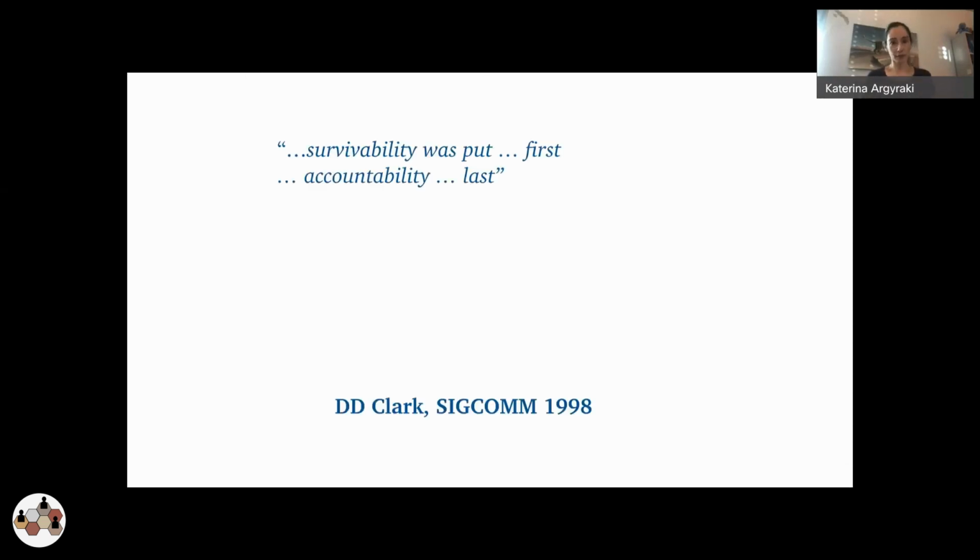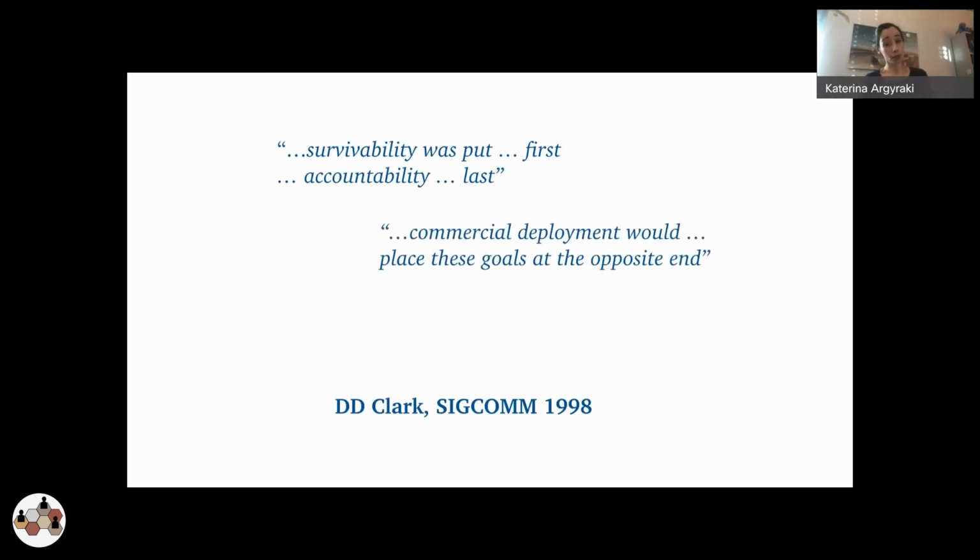All right, my concluding slide. According to David Clark, who was one of the architects of the internet, and I'm quoting him, when the key elements of the internet architecture were designed, survivability in the face of equipment failure was the most important goal, while accountability was the least important one. If it had been known, he said, when the internet was deployed that it would be used as it is today, the importance of these goals would have been inverted.